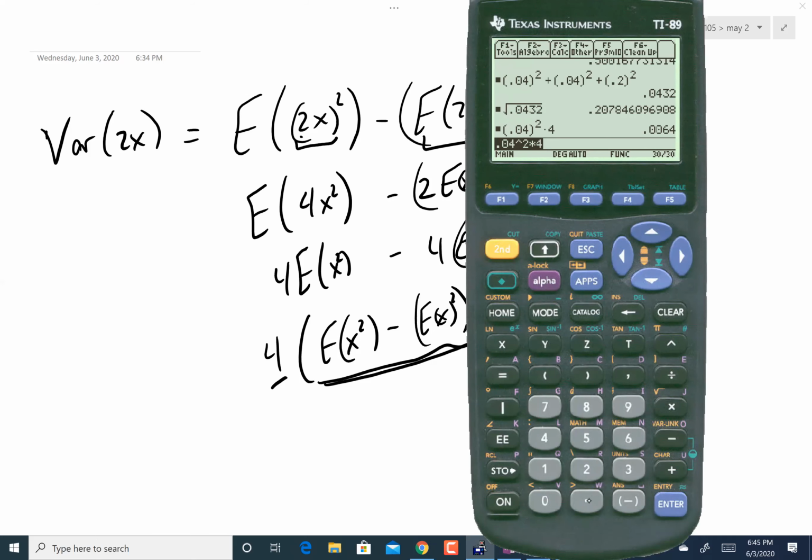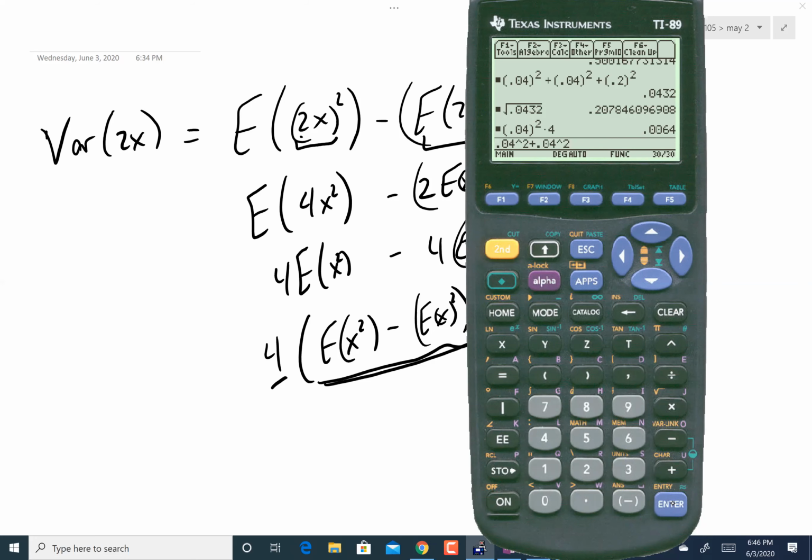But I could have done it this way too. So when I'm adding these two guys together, I add their variances. So it's 0.04 squared plus 0.04 squared. What am I doing wrong? Something's goofy here.